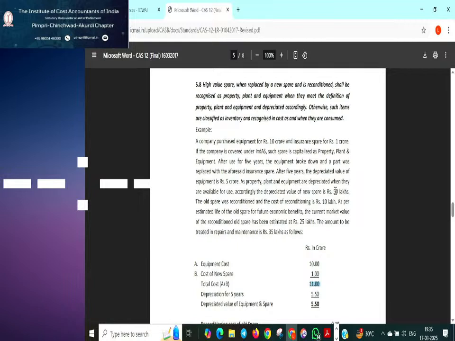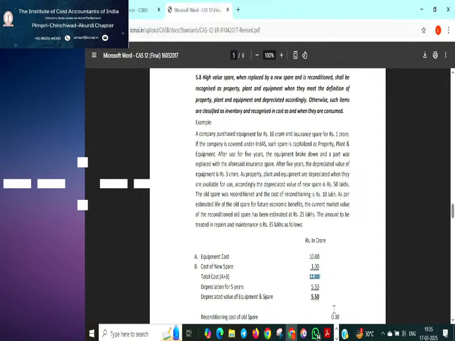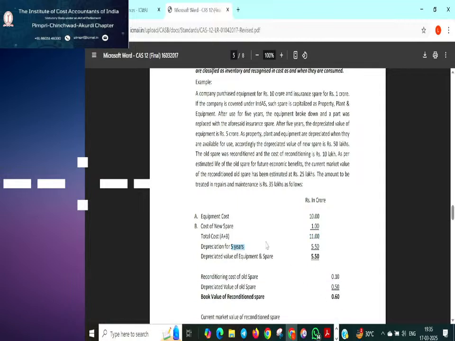Here they have not given the depreciation methodology, but they have given that from 10 crores it has gone to 5 crores, so 5 crores of depreciation, and from 1 crore it has gone to 50 lakhs, so another 50 lakhs of depreciation. So the depreciated value of equipment and spare after 5 years is 5 crores 50 lakhs.